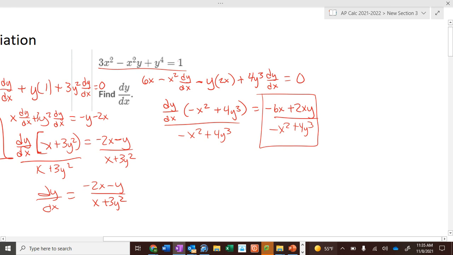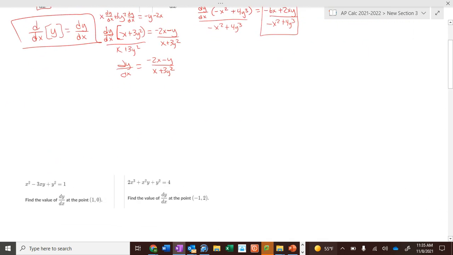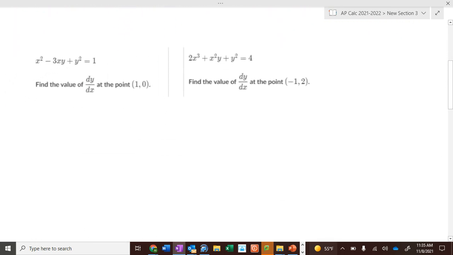So this is the slope of this. So if you had a point, if you were asked what's the slope at the point 2, 1 of this function, you could stick a 2 in there and a 1 in there and find the slope. Okay? But we're not doing that yet. Until down here.